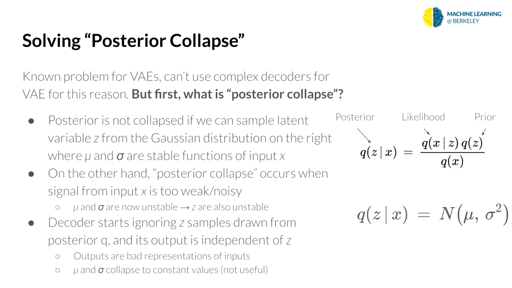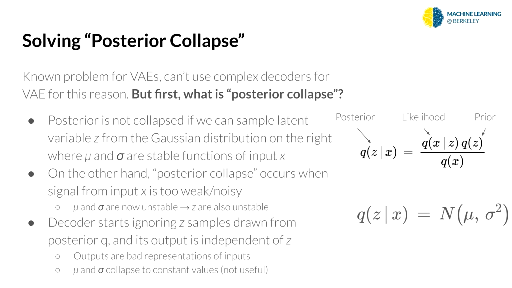A posterior is not collapsed if we can sample a latent variable z from the Gaussian distribution on the right, where both the mu and the sigma are stable functions of input x. When I say stable function, I mean that noise does not affect mu and sigma greatly when they're functions of x.